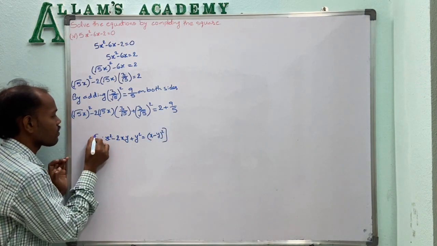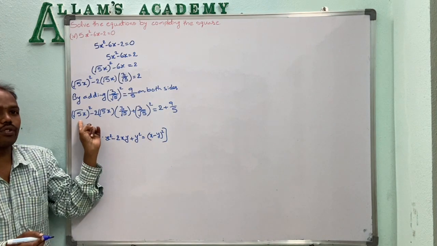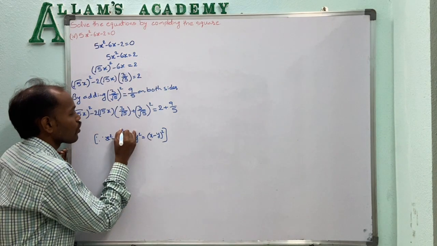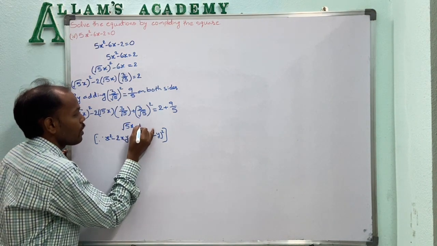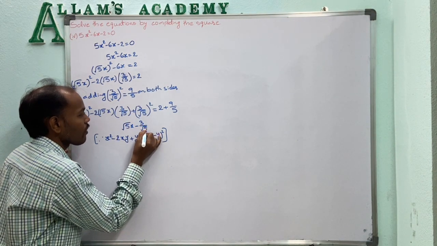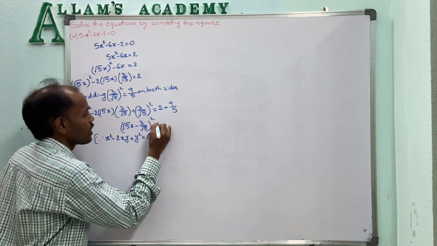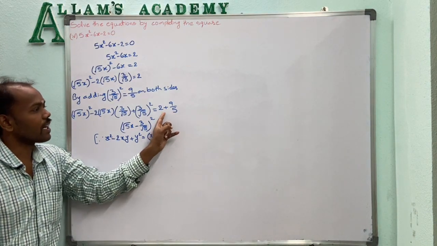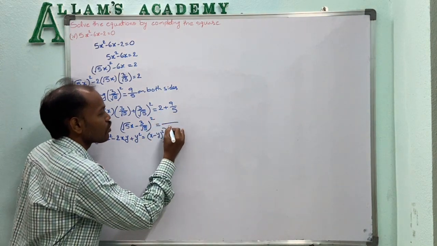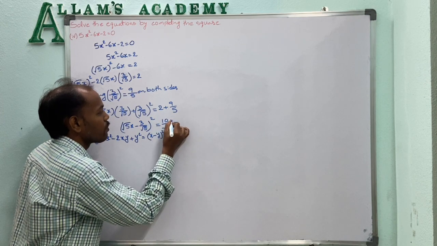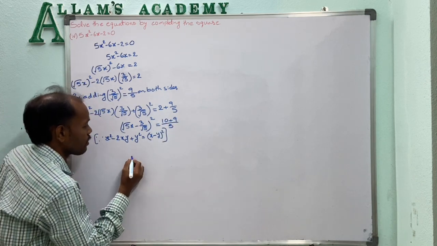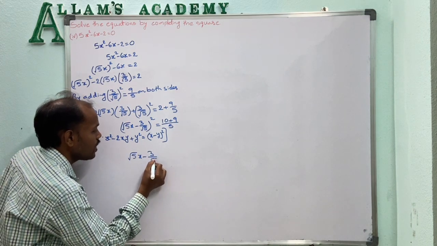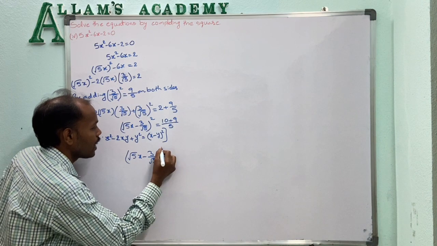So by using this formula, here x is √5x and y is 3/√5. So we write (√5x - 3/√5)² is equal to 2 + 9/5. Here the LCM is 5. 2 fives are 10, 10 plus 9 is 19. So (√5x - 3/√5)² = 19/5.